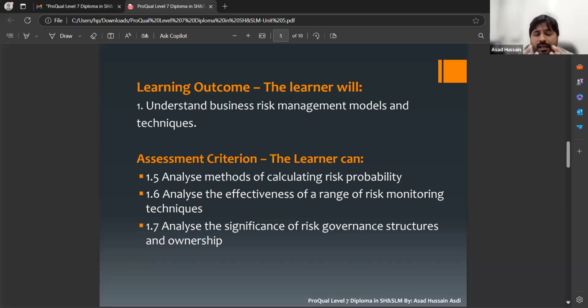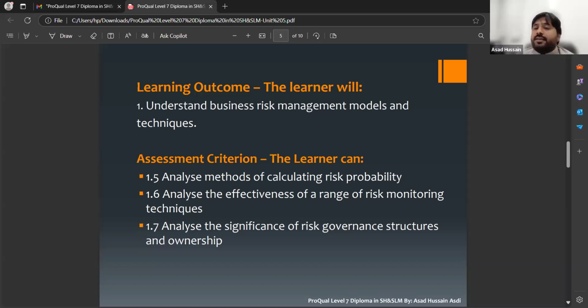But the learner or candidate should consider what is going on in his or her organization. Instead of giving generic information, he has to give specifics confirming what methods are used for calculating risk probability in his or her organization.